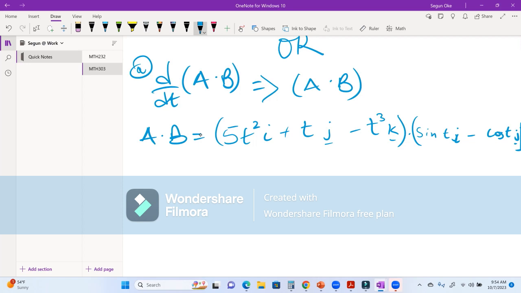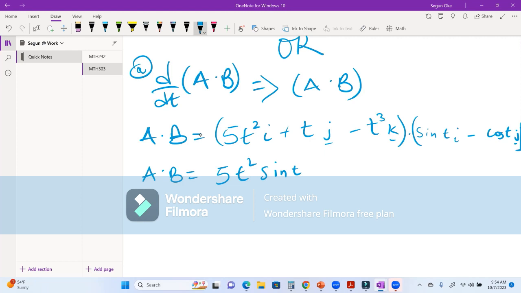I believe we all believe this. Now, dot means corresponding to each other. So we can say A dot B is the same thing as this multiplied by dot this. We have it to be 5t squared sin t. Do you agree? Yes, sir. I'm just doing the dot product. I've not solved anything.